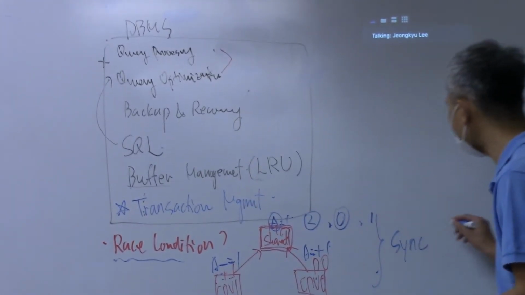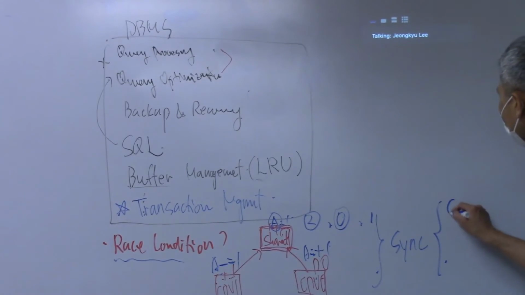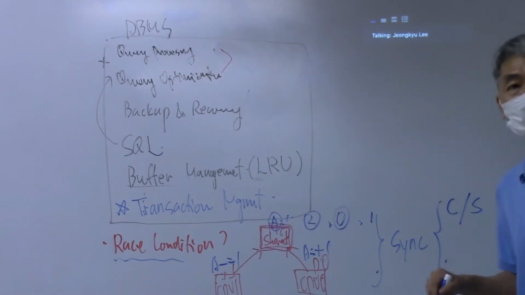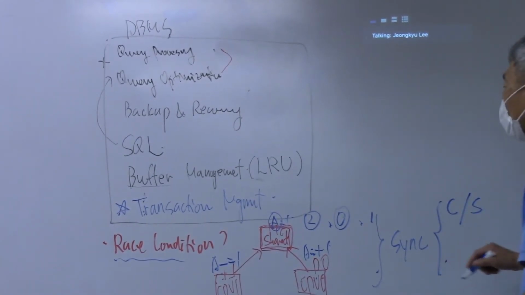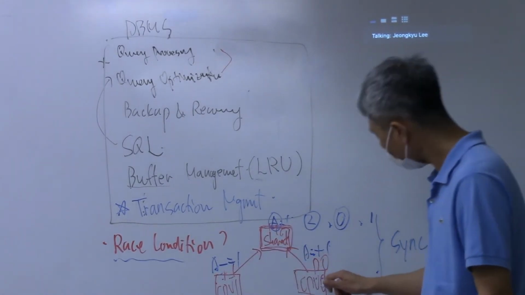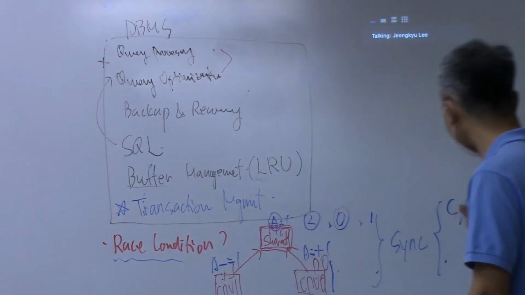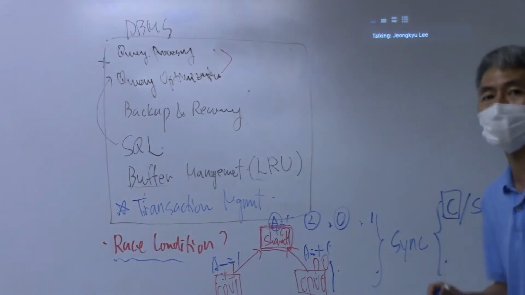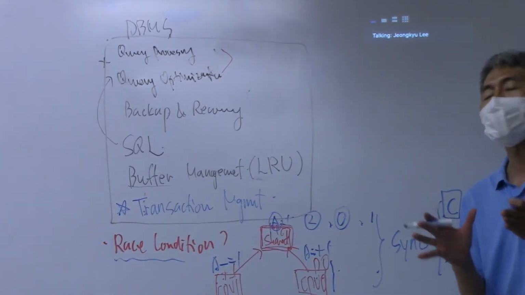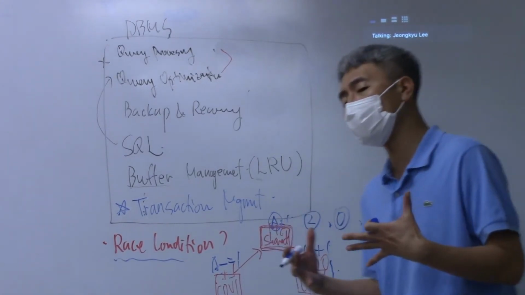So in operating systems, we learned about the critical section solution. When a process or program accesses the shared data, we define that part as a critical section. Then basically, what does a critical section use?